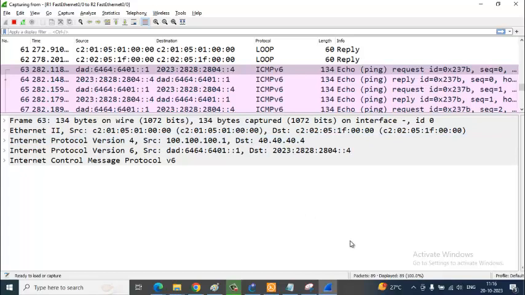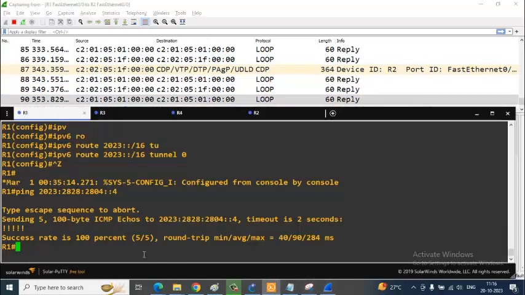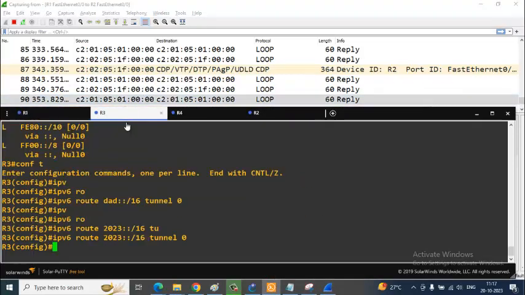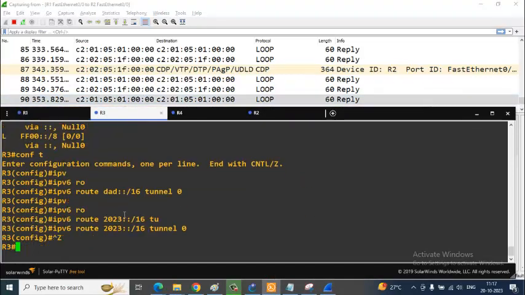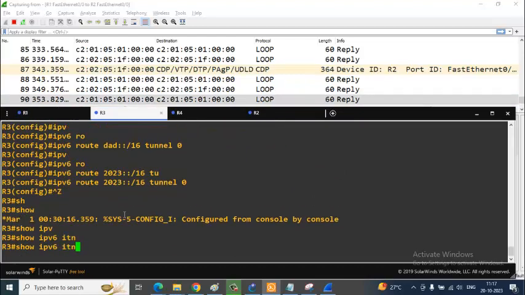Now let me try pinging another one, Arul's network. I'll go here. Ping. Copy the address from Arul's computer. Show IPv6 interface brief.